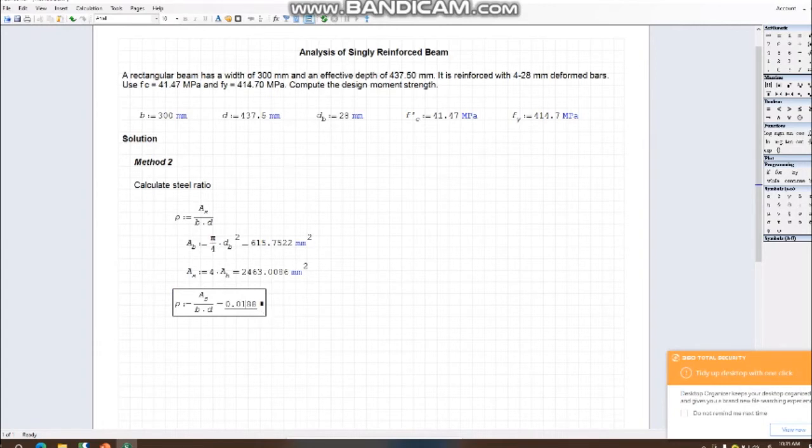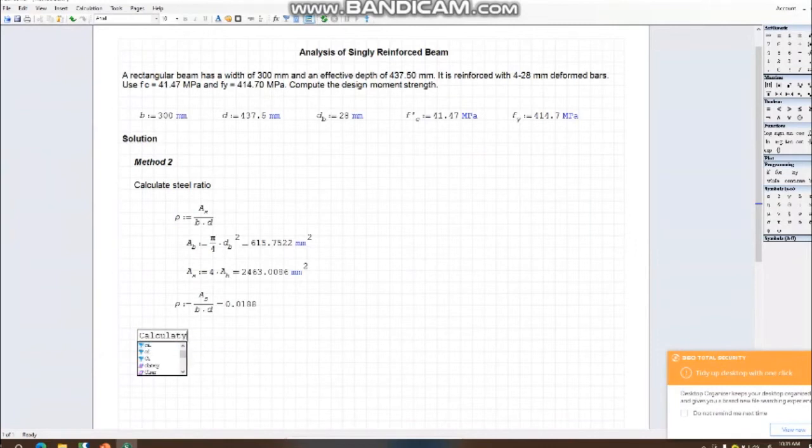By comparing that with the value. Since we are only comparing whether it is tension controlled or not, let's just calculate the maximum reinforcement for tension control. That is what we compare against.